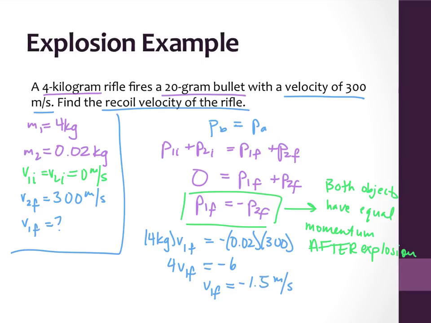That's still kind of fast. Anyway, the negative sign means it's going in the opposite direction. It's easy to imagine when you fire a gun, the rifle pushes back on you, whereas the bullet goes forward. One goes forward, the other goes backwards. That's what we mean by this answer. But anyway, that's pretty much the gist of what you need to know from this unit.